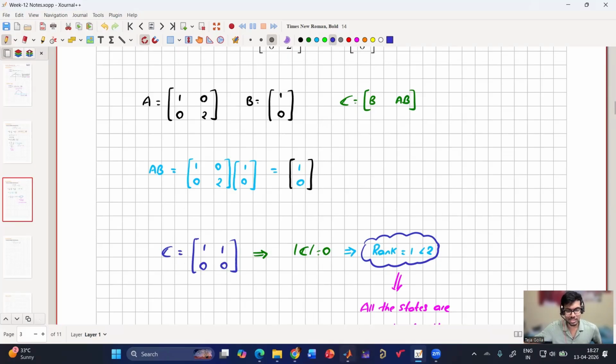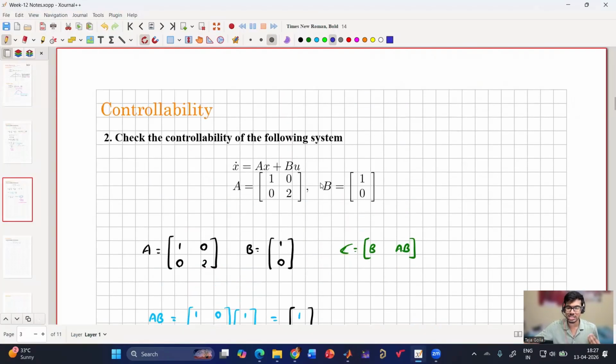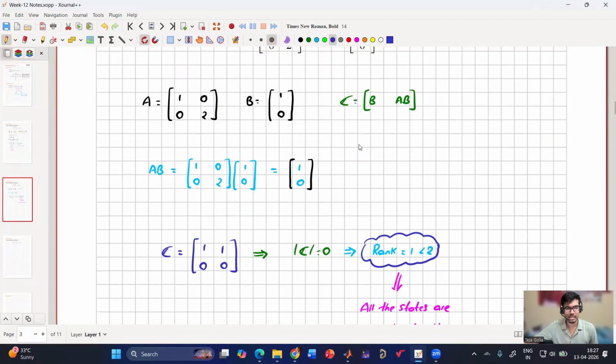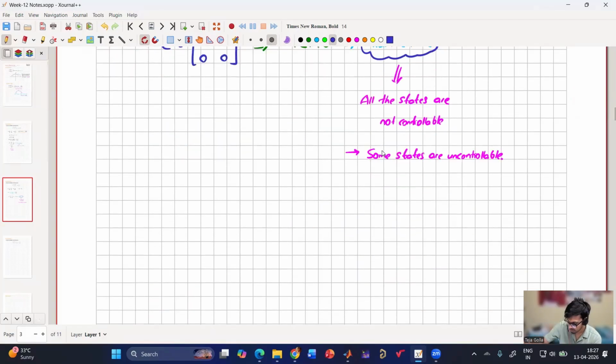So we have checked the system is not fully controllable and the rank is less than the order of the system. So now the question is obvious, which state is controllable and which is not. So let us write x dot is equal to Ax plus Bu. I'm writing it again here.